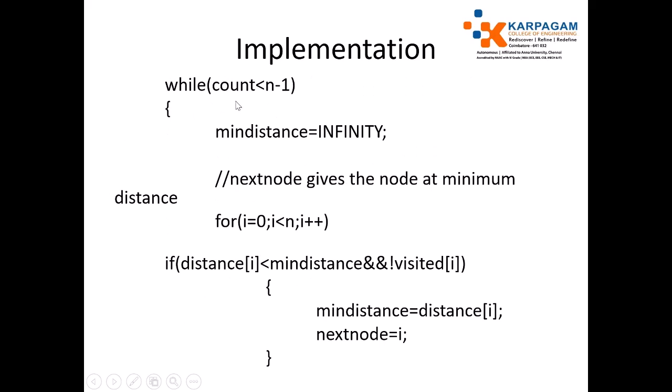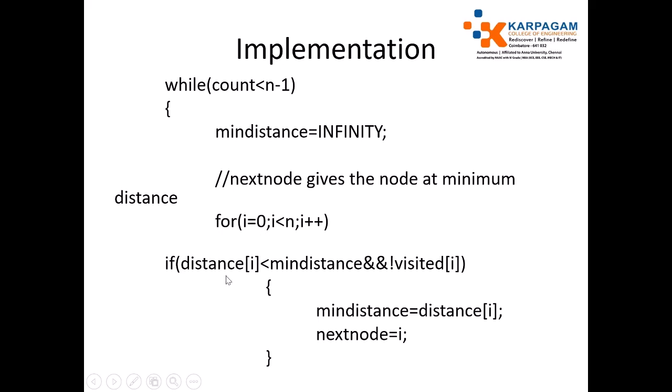Next, in the while loop, until the number of edges is reached, we have to compute, that is, find the shortest path. Initially set the minimum distance value as infinity, that is the maximum value, and we use the loop to find the adjacent nodes.